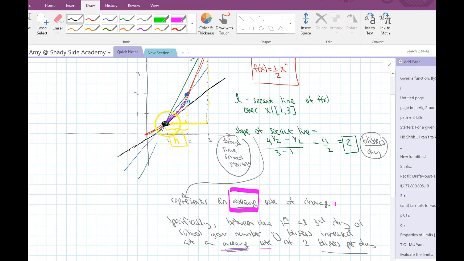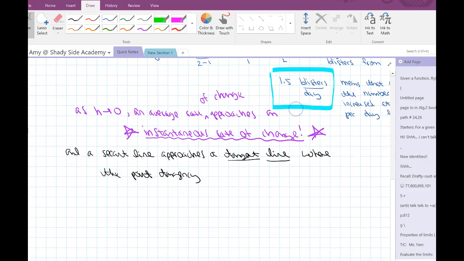Does that make sense? Because we're getting closer and closer to day, or time, equals 1, right? So where the point of tangency represents the moment in time of the instantaneous rate of change.